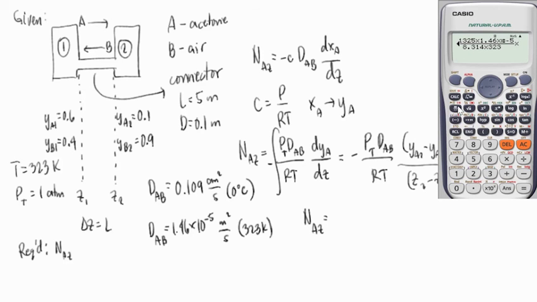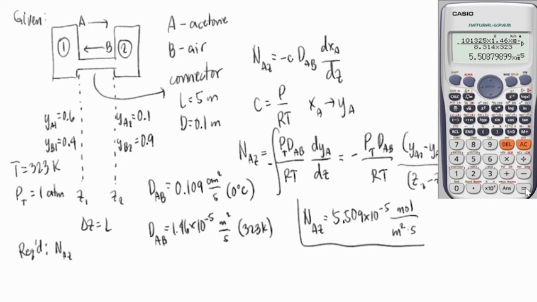That is multiplied by YA2 minus YA1, 0.1 minus 0.6, divided by delta Z, which is 5 meters. Okay? Our flux is equal to 5.509 times 10 raised to negative 5. The unit of this is, again, mole per square meter per second. That is rate over area. We now have our molar flux of transfer.